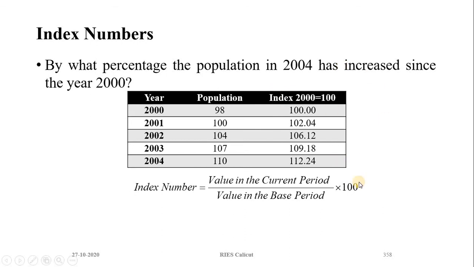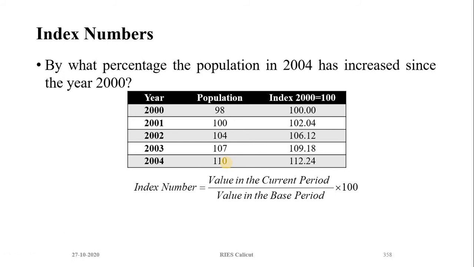In 2001, 100 divided by 98 into 100 gives 102.04. Here 104 divided by 98 into 100 gives 106.12. Here 107 divided by 98 into 100 gives 109.18. And here 110 divided by 98 into 100.